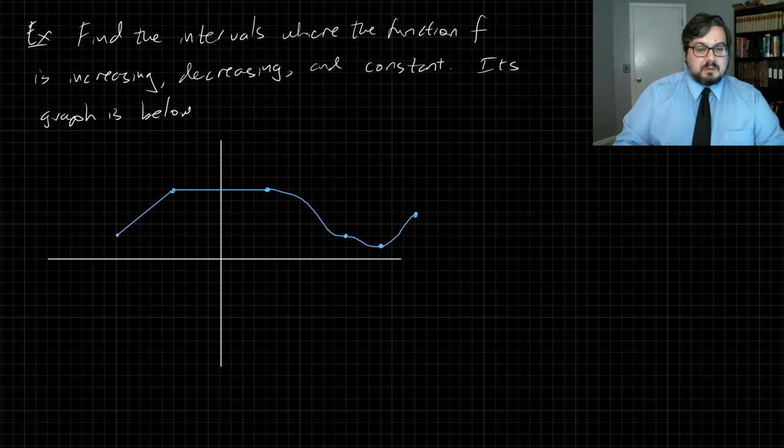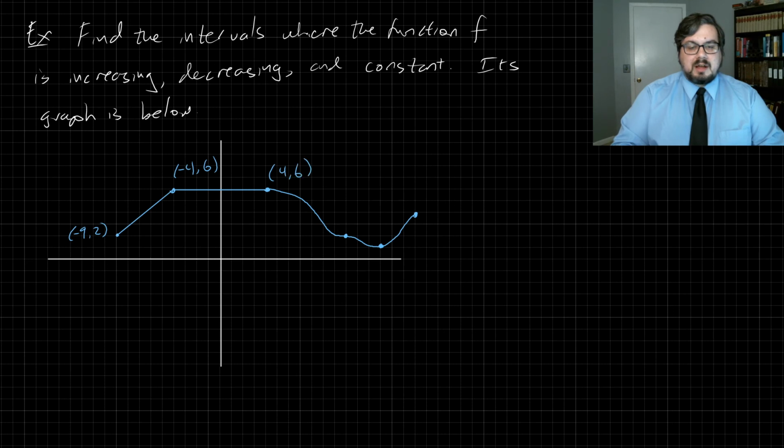All right, so we've got the point -9, 2, the point -4, comma 6. We have the point 4, comma 6 here. The point 11, comma 2. The point 14, comma 1. And the point 17, comma 4.